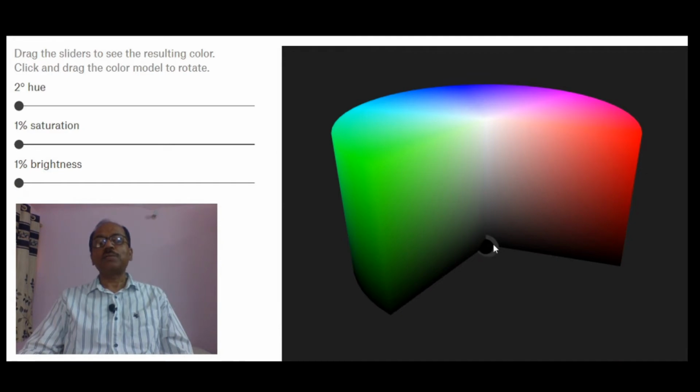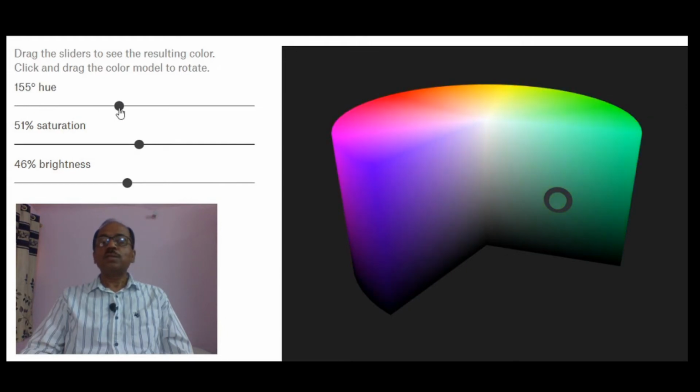Please give attention to where the mouse pointer is lying. As per requirement, we place our saturation and brightness, and the hue is also controlled by the angle.